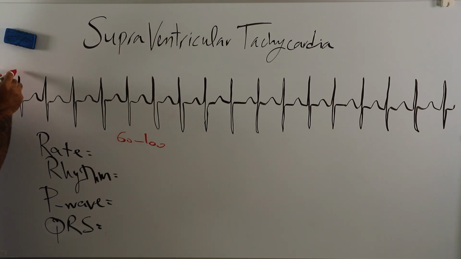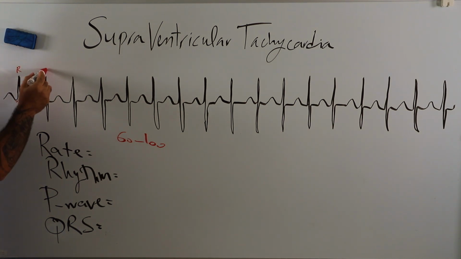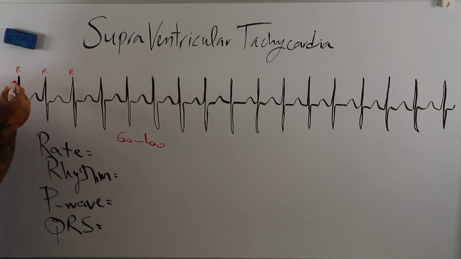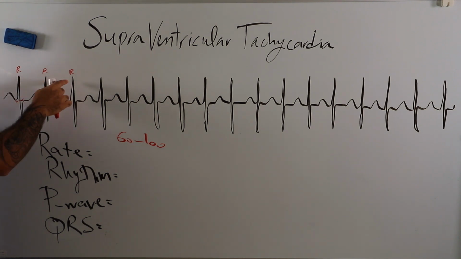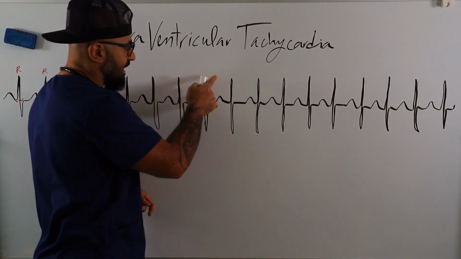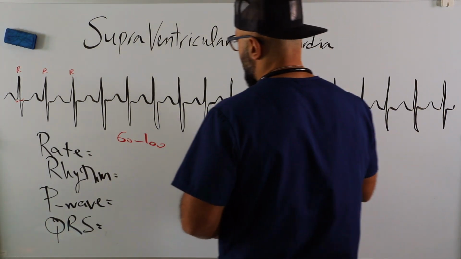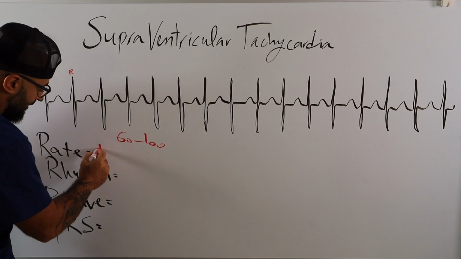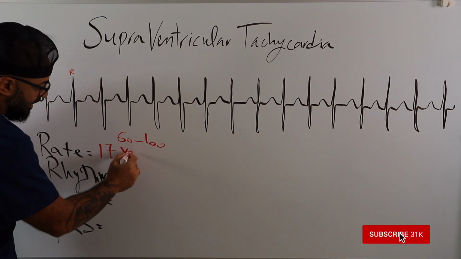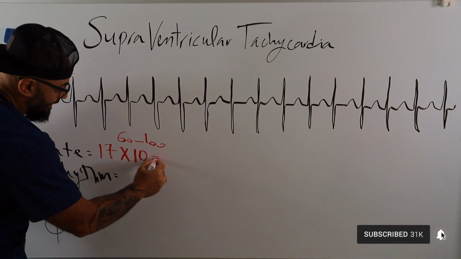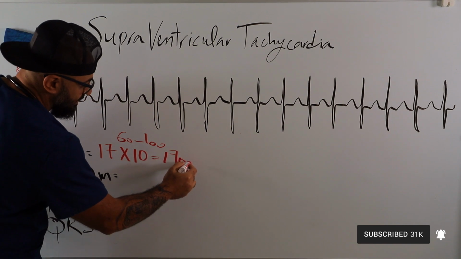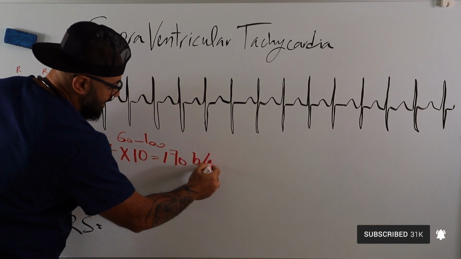So 1, 2, 3, 4, 5, 6, 7, 8, 9, 10, 11, 12, 13, 14, 15, 16, 17. So I've got 17 R waves. I multiply it by 10. Now the heart rate is 170 beats per minute.